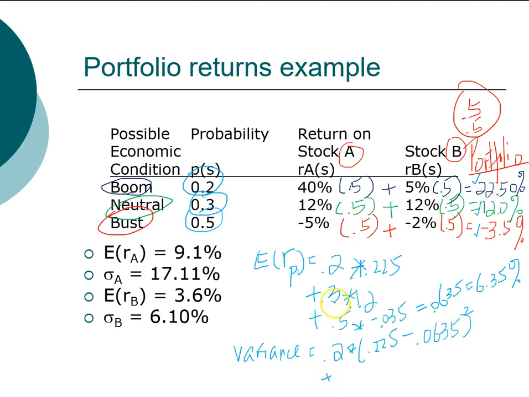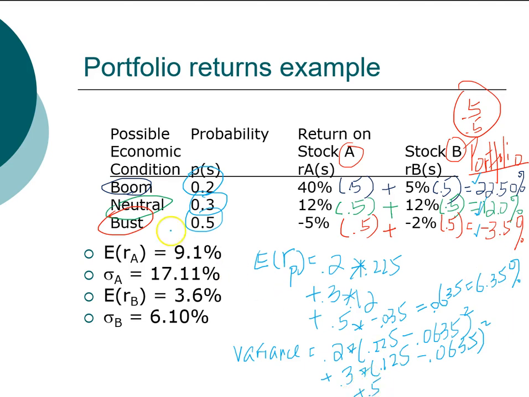And then plus there's a 30% chance that you will earn 12% when you were expecting 6.35%. So 12% is what you will earn in the second scenario. You were expecting 6.35%. So again, we square that.